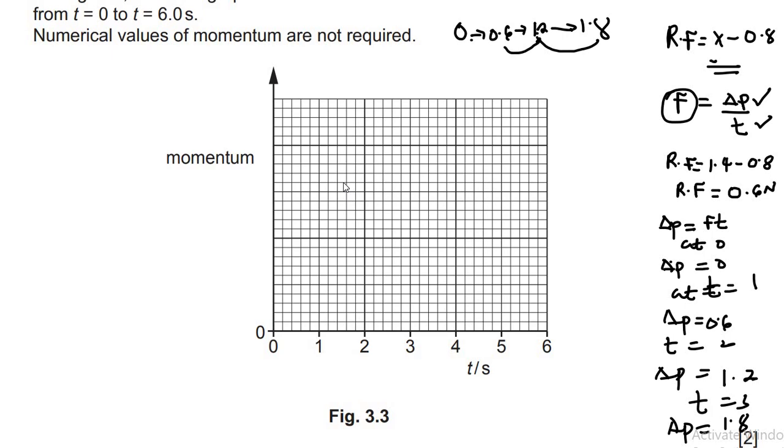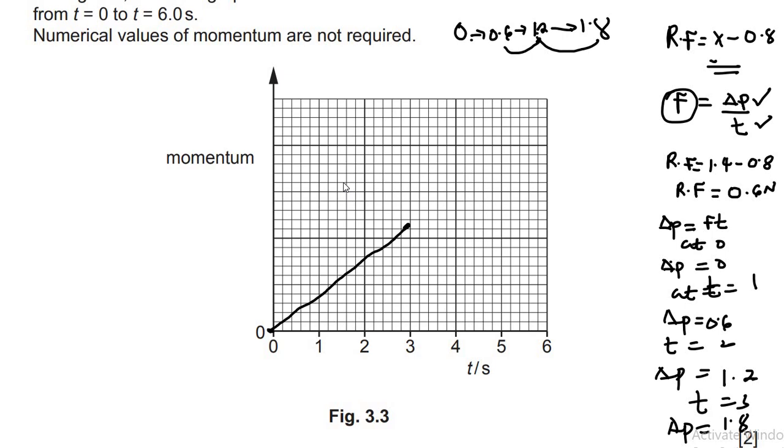So it's going to be a straight line with a constant gradient. That's why I worked that one out. From 0 to 3, it's a straight line with a constant gradient.